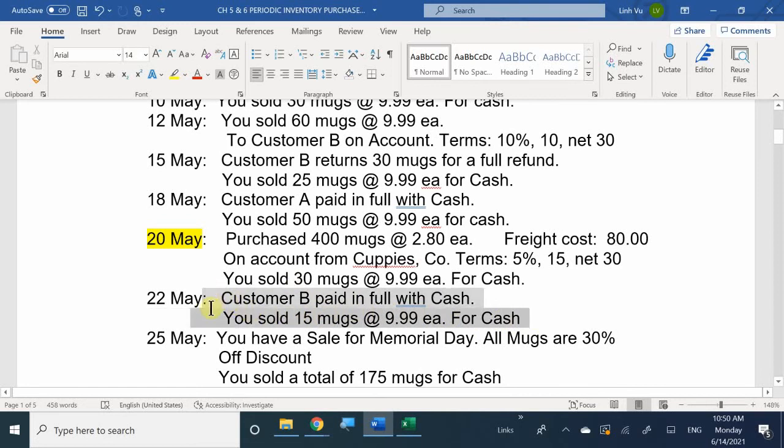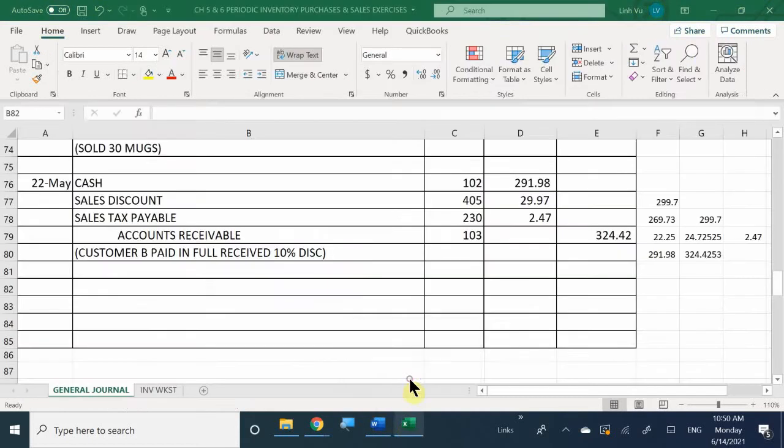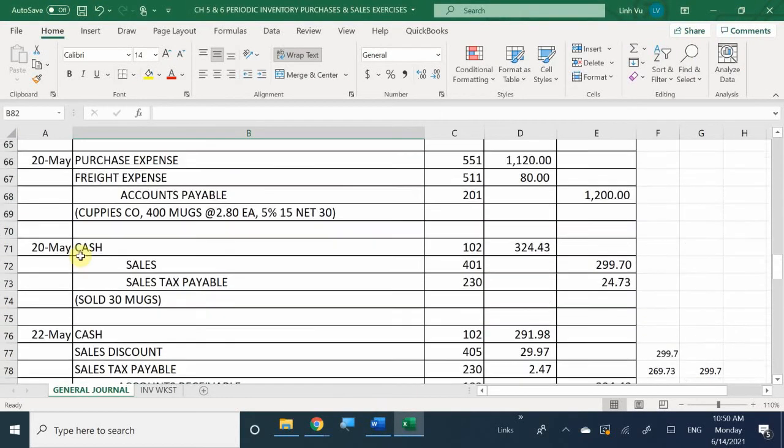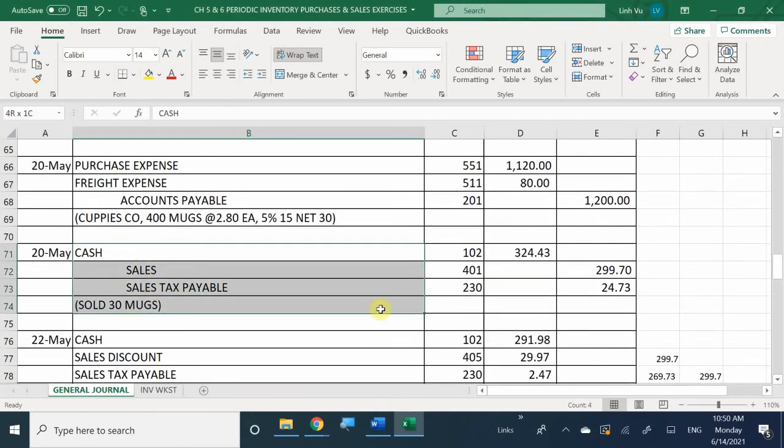Right after customer B paid in full, what else did we do here? So 15 mugs for cash at $9.99. We sold an additional 15 mugs on top of that. So cash, sales tax.